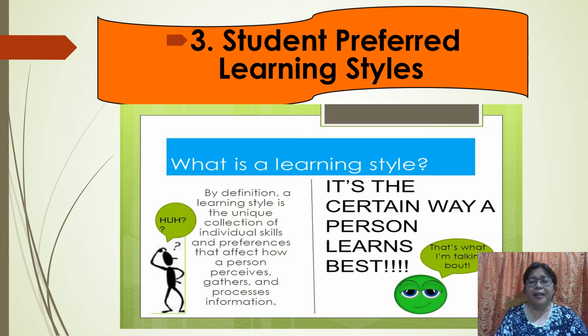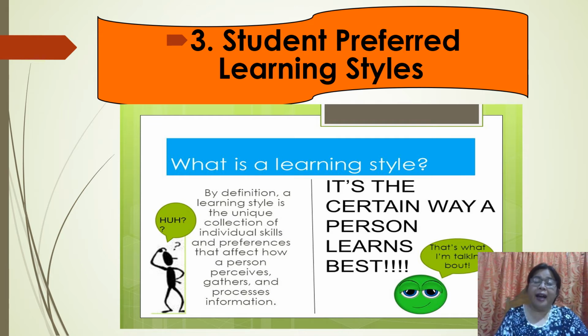Now, the third factor that affects student learning outcomes in the tertiary level is student preferred learning styles. So, what is a learning style? It's the certain way a person learns best.